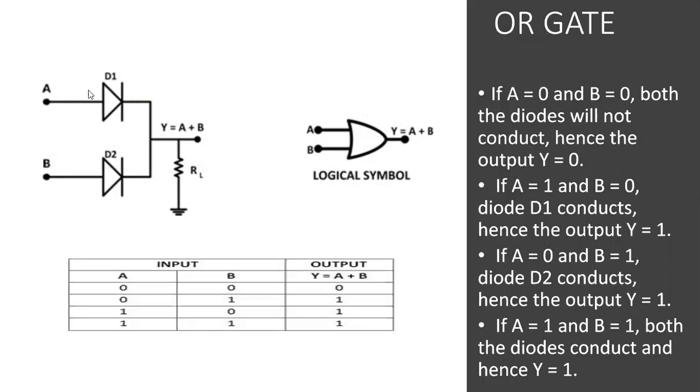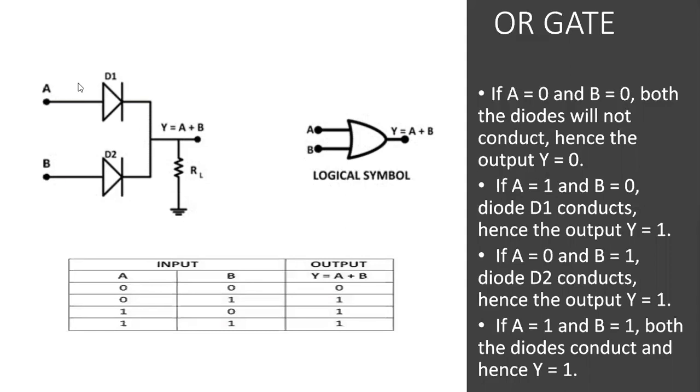So if you give 0 and 0, these two diodes become reverse biased, then the diodes behave like an open switch, hence it does not produce any output, hence the output becomes 0.